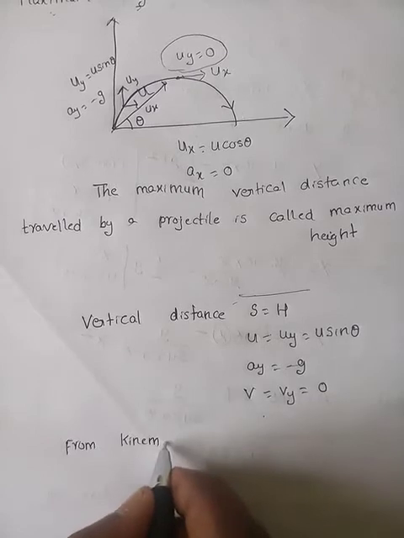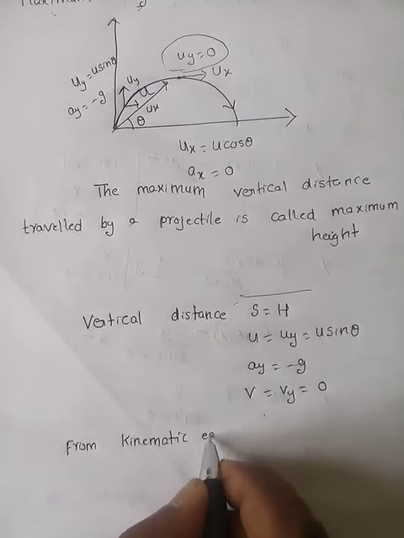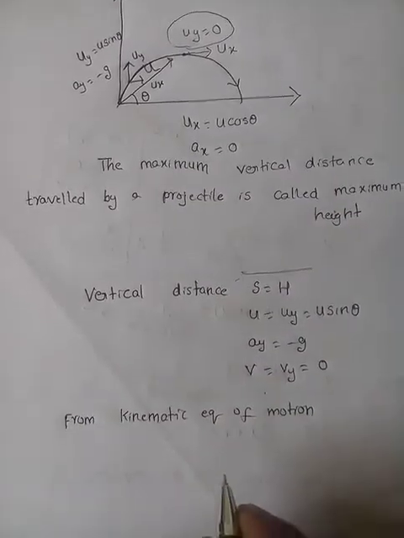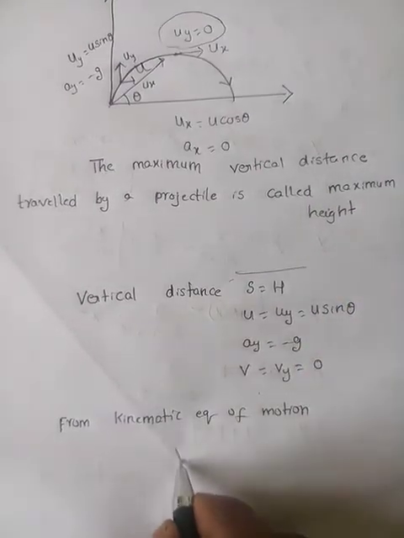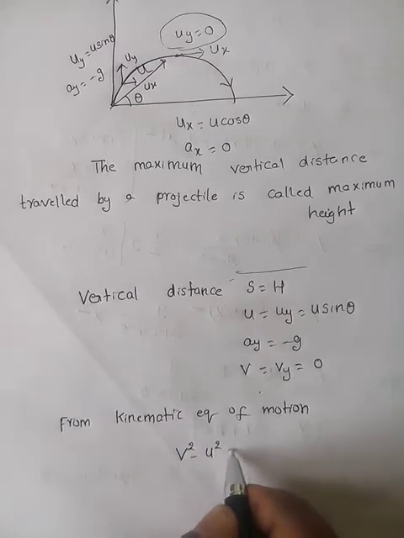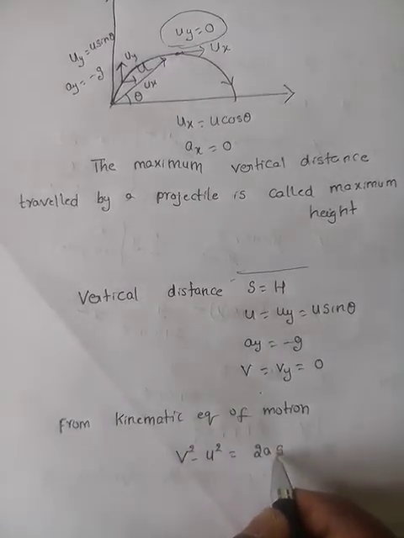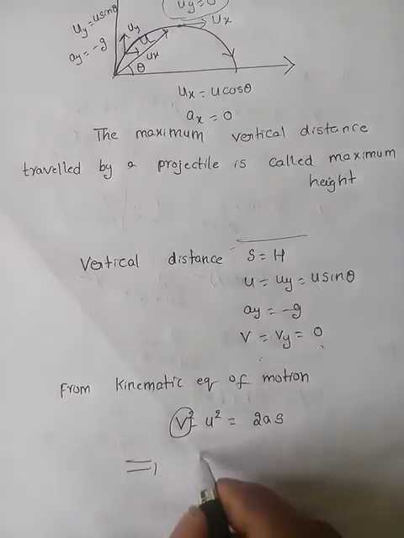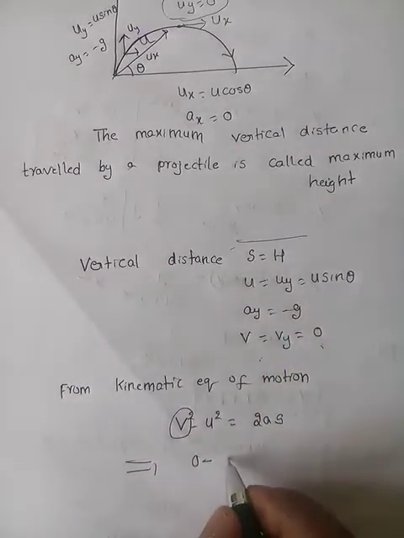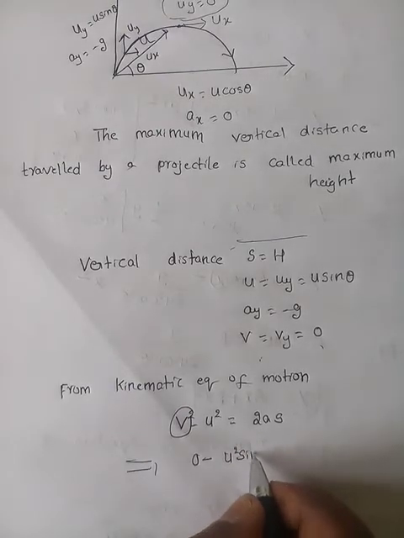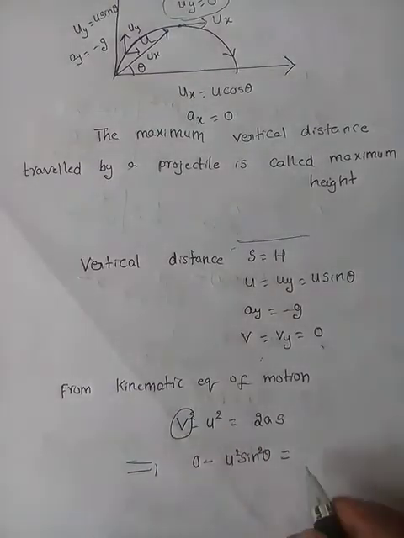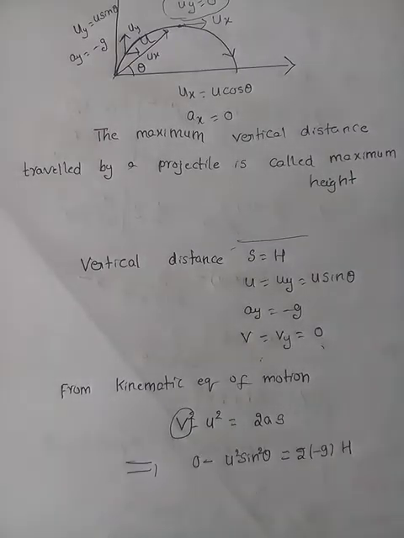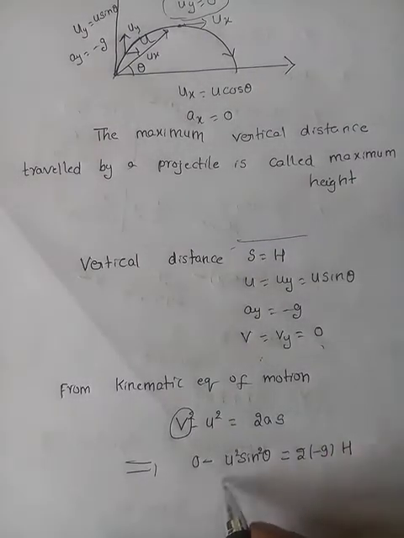From the kinematic equations of motion, we have three equations. In that we are taking the equation relating v, u, a, s. What is that? v square minus u square is equal to 2as. What is v square? 0. u square is u square sin square theta, equal to 2 into minus g into h, since s is h.